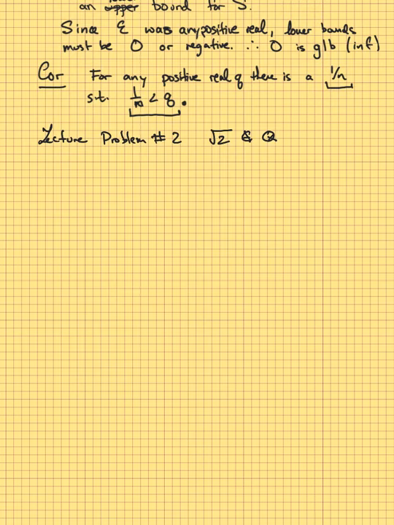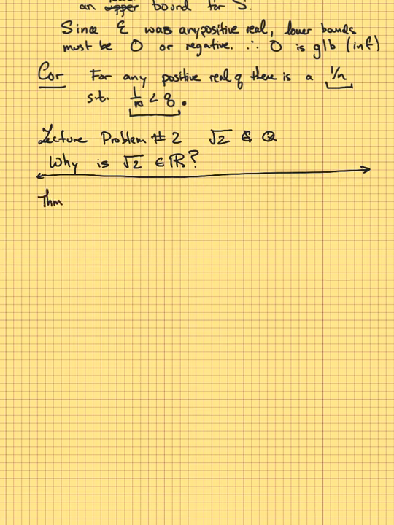The trickier thing, or what we'll see, is the question to ask is, why is there a square root of 2 in the real numbers? Okay? So why can we find a real number which squares to 2, when we couldn't find a rational number which squares to 2? And it will turn out that this is really a consequence of completeness. Okay, so I'll write this as a theorem.